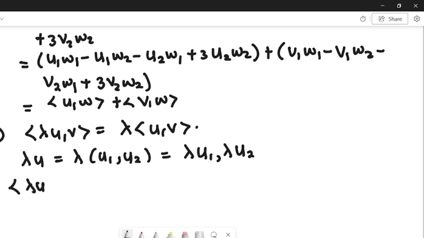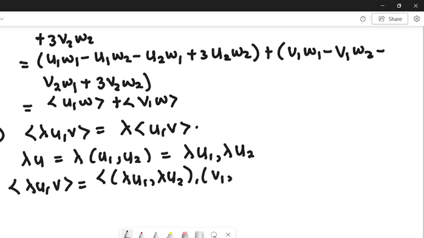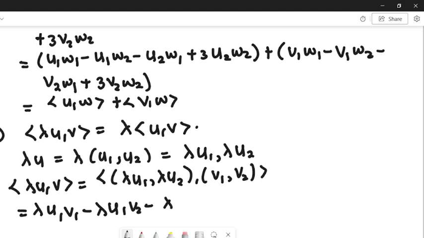Then you multiply with (v1, v2). Remember, our inner product is defined, so you're multiplying lambda with each item.